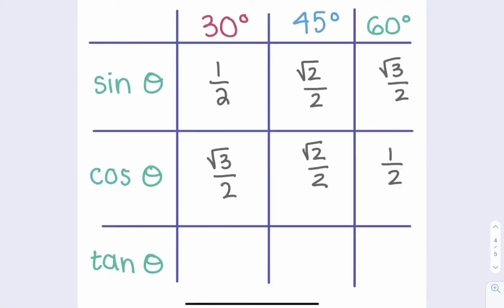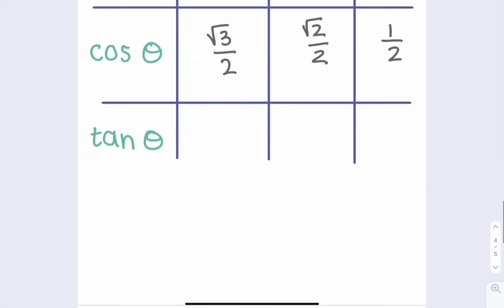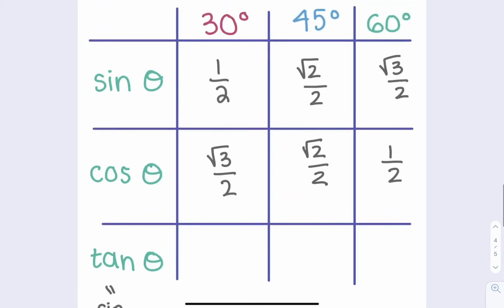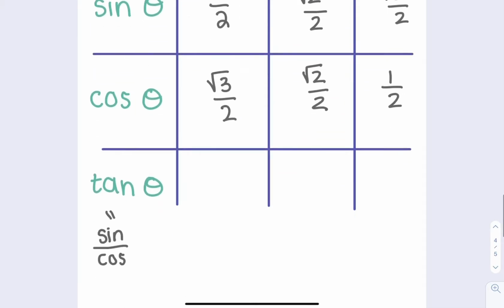The last thing that we need to figure out is the tangent of an angle. So if you remember, our tangent of an angle is equal to sine over cosine. So what we can do is put 1/2 over square root of 3 over 2 to figure out the tangent of 30. So if we do 1/2 divided by square root of 3 over 2, you might remember with fractions we can keep, change, flip.